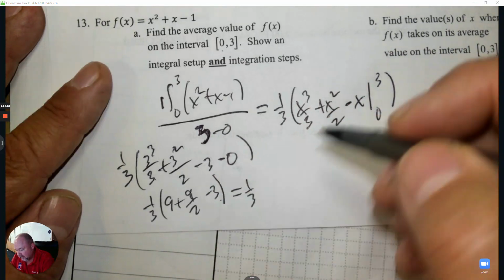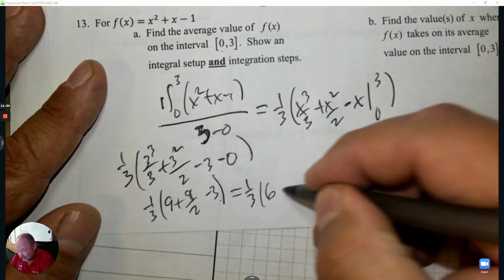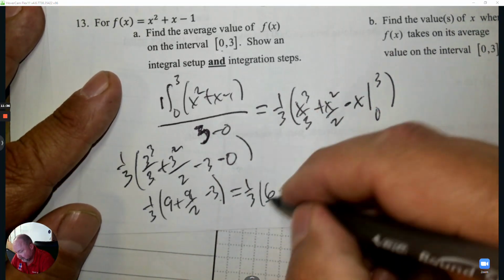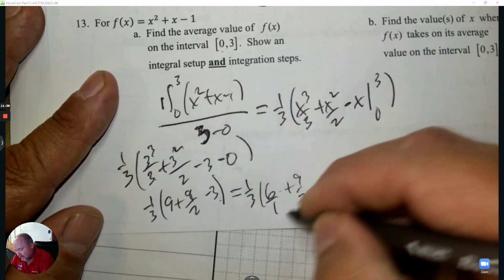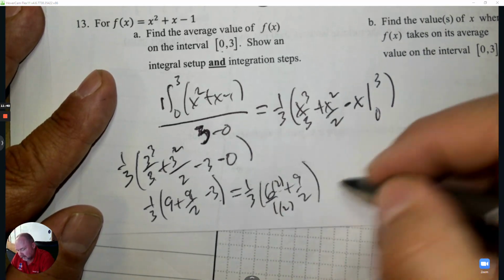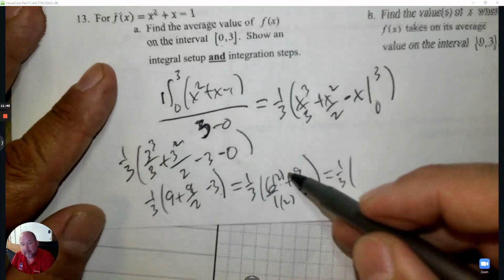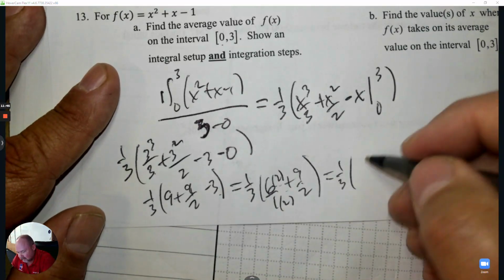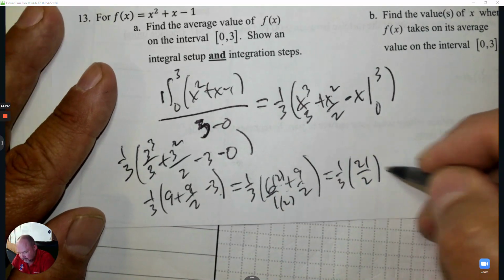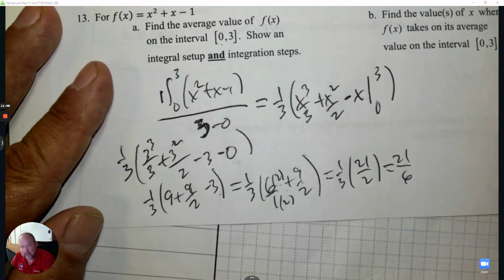So 9 take away 6, 3 is 6. Common denominators. So it's 1/3. That's going to be 12 plus 9. That's 21 over 2. That's 21 over 6.